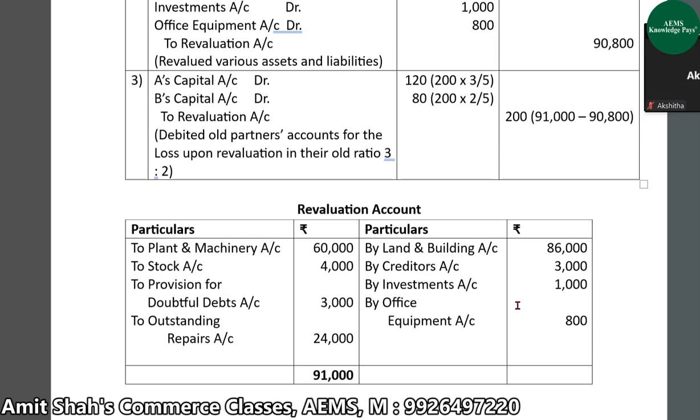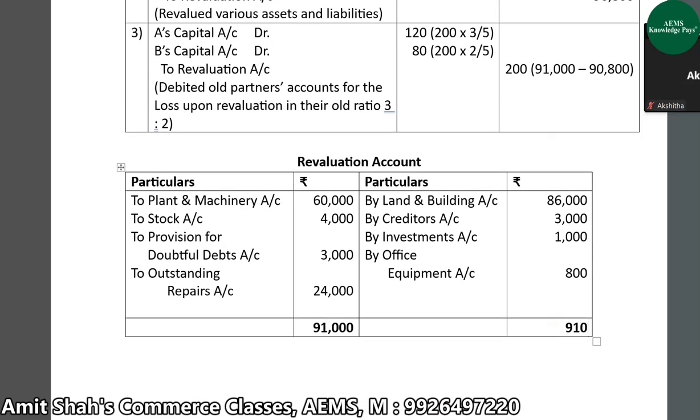So I'm writing 91,000 on both the sides. The total of credit side is 90,800. But here we have written 91,000. So there is a difference of 200, and that is the loss for which we are debiting old partners' capital accounts.